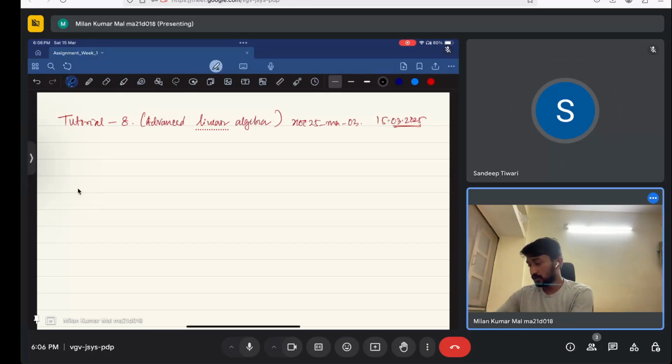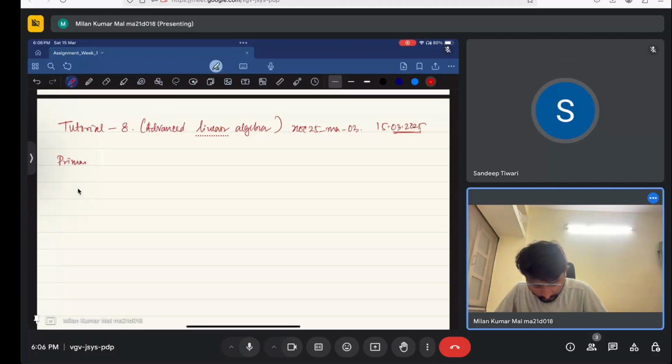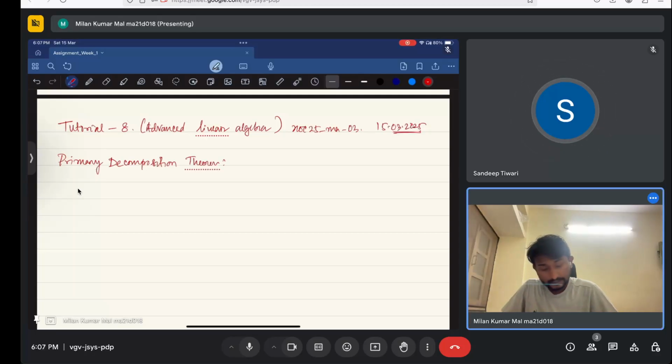So what does the primary decomposition theorem say?